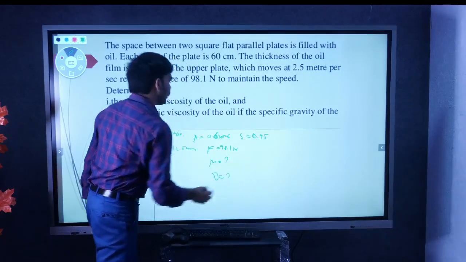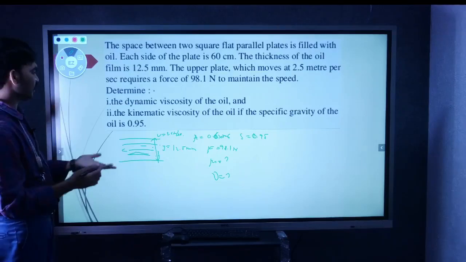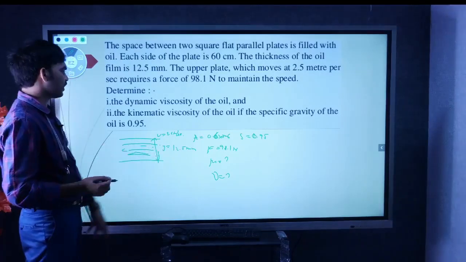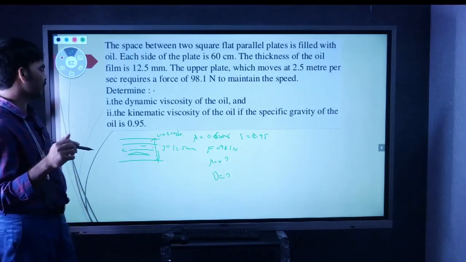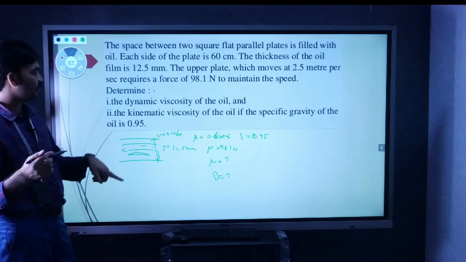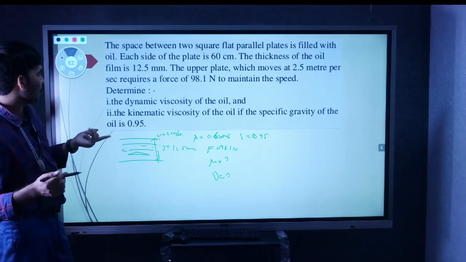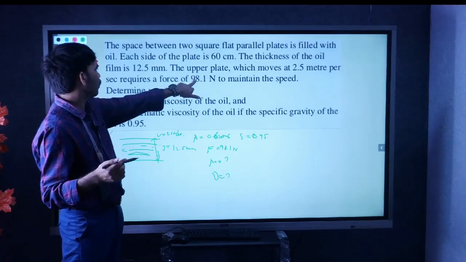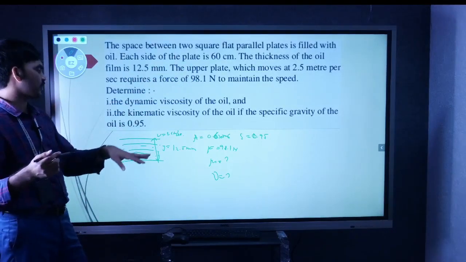We already solved similar kinds of problems. Just try, and if you have any questions you can ask me. You need to find the dynamic viscosity using the formula tau is equal to mu into du by dy. You know du and dy. Tau you can calculate because you know the force and the area. From that you can calculate the dynamic viscosity.